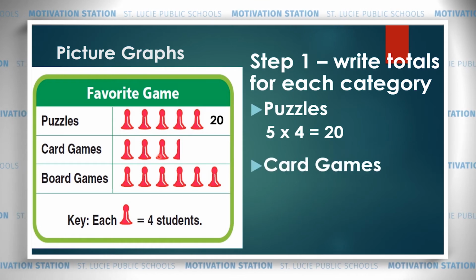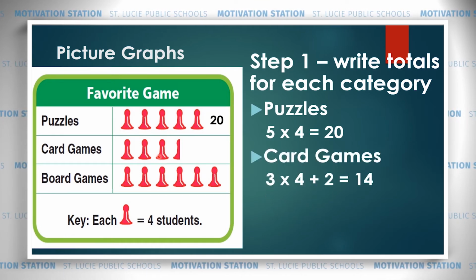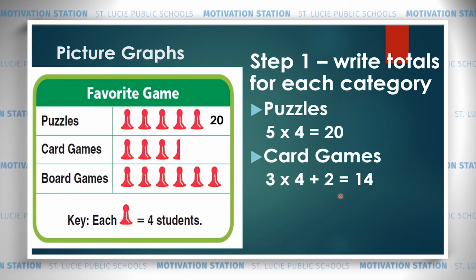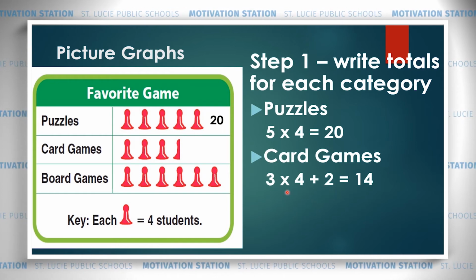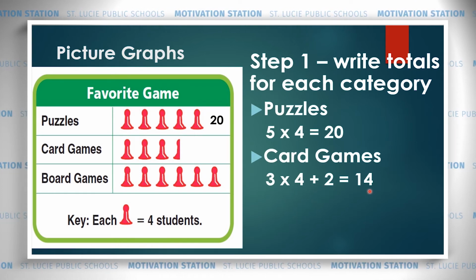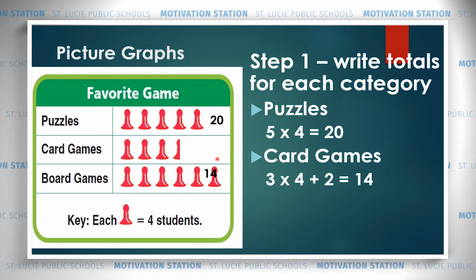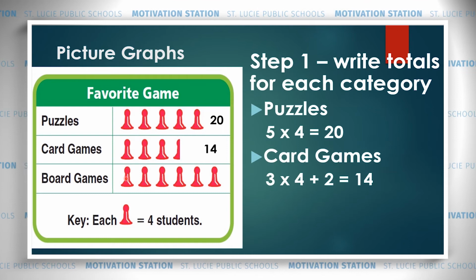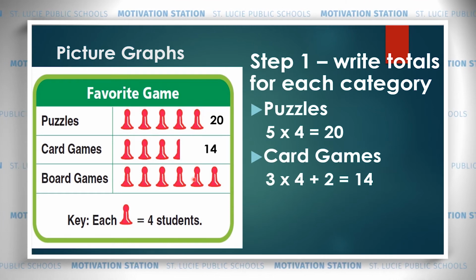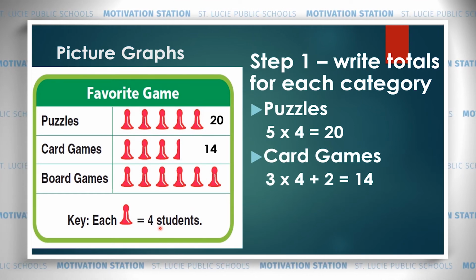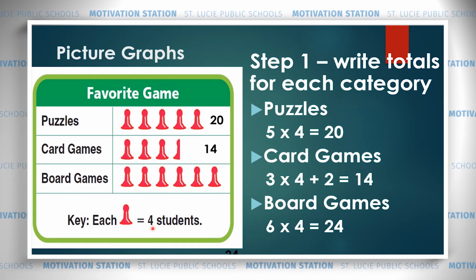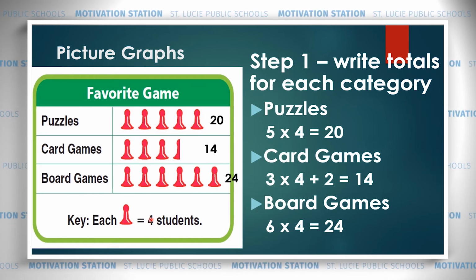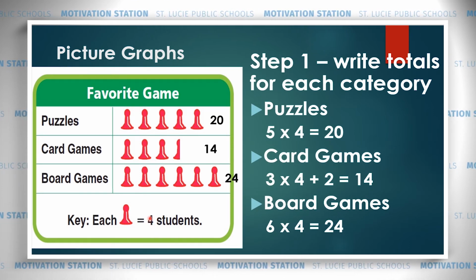So 3 groups of 4 is 12, plus a half a piece is worth 2. 12 plus 2 is 14, and we would write 14 at the end. And board games finally has 1, 2, 3, 4, 5, 6, and 6 groups of 4 is 24. So we would have 24 that liked board games.